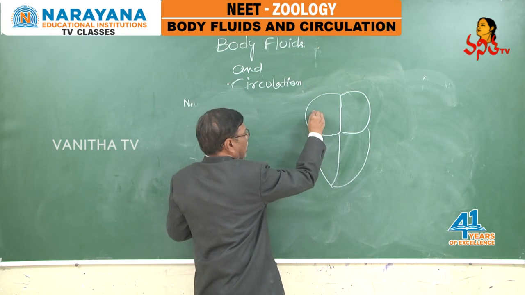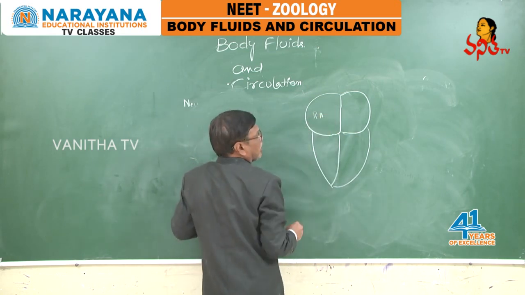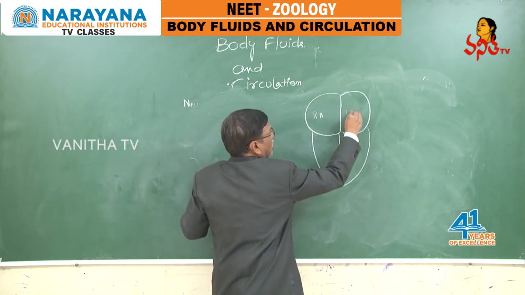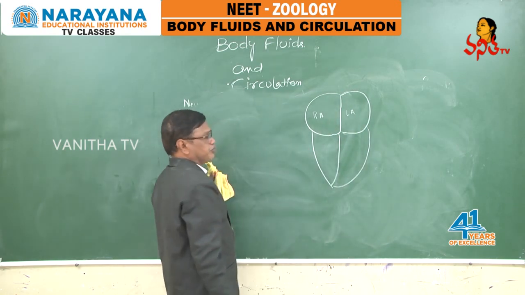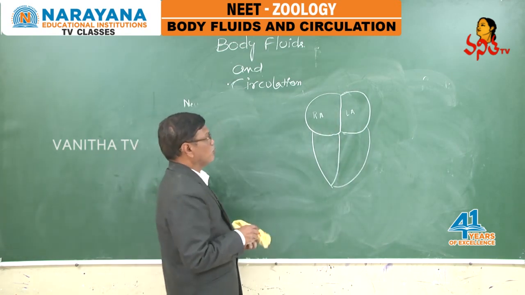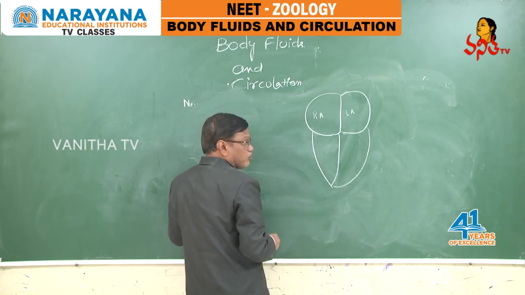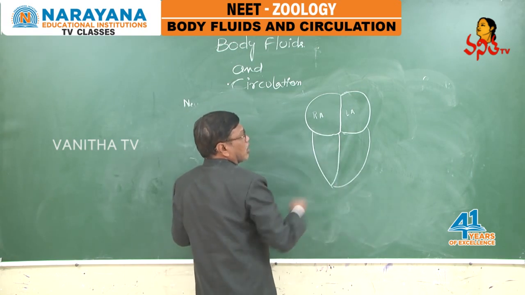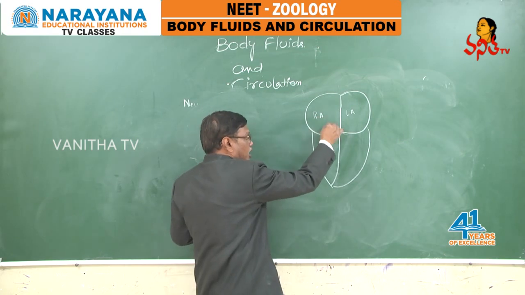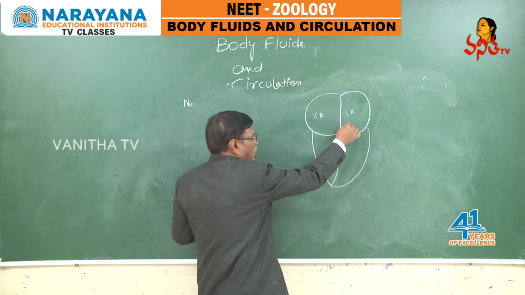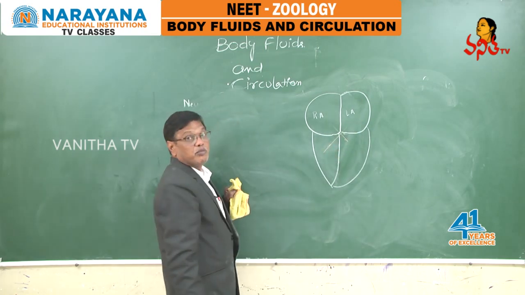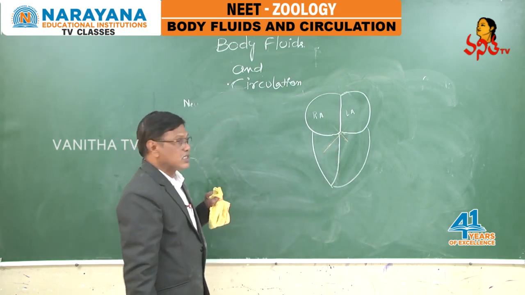Compared to the right auricle, the left auricle is somewhat smaller. Similarly, compared to the right ventricle, the left ventricle is larger. The right auricle and left ventricle are larger, while the left auricle and right ventricle are smaller. Both the chambers are asymmetrical.